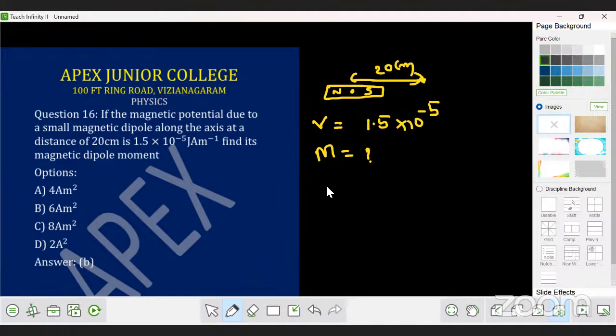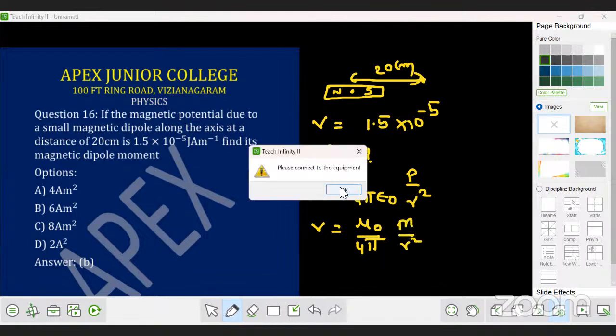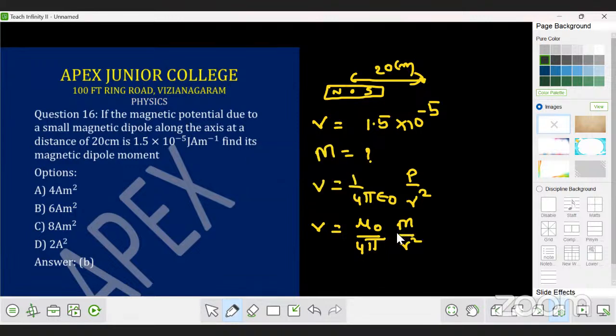Do you remember the formula for electric potential? 1 by 4 pi epsilon naught P by R square. Not electric field intensity, this is electric potential. In the same way, magnetic potential is, in place of 1 by 4 pi epsilon naught, you write mu naught by 4 pi, magnetic moment by R square. A similar formula. You have to calculate the magnetic moment only, na?